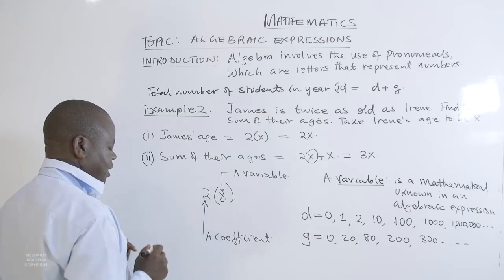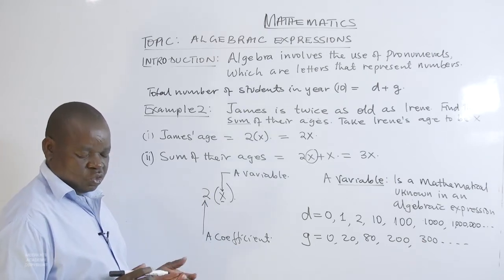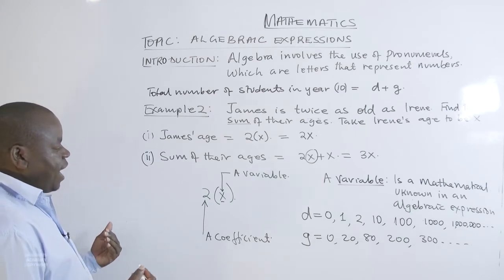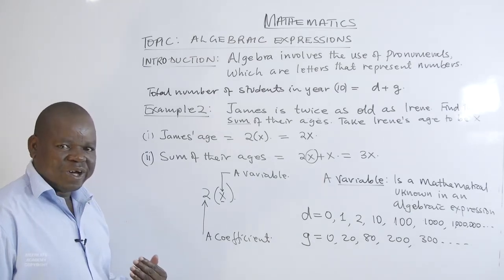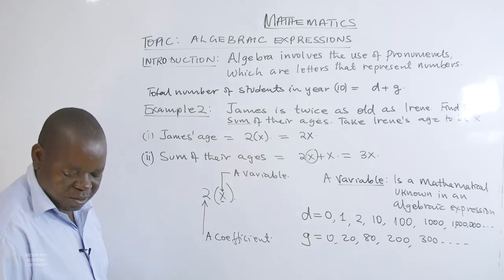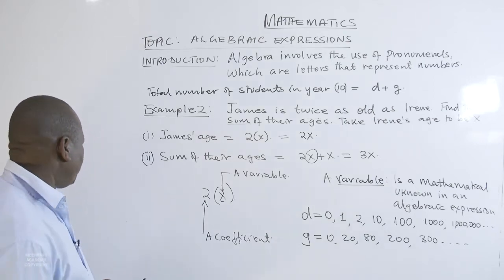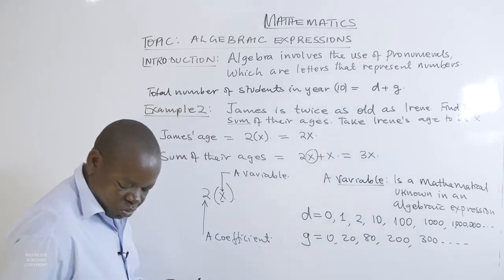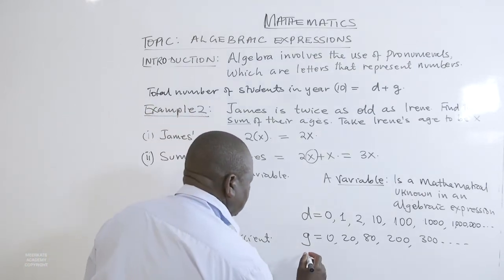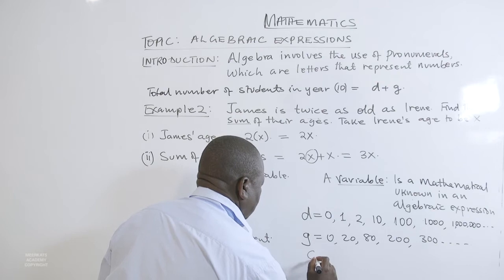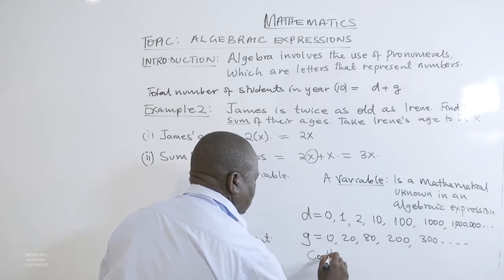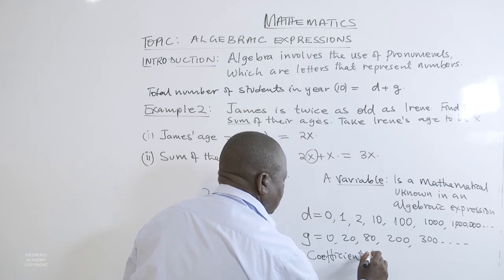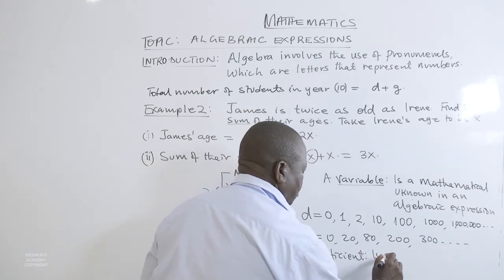This 2 here is a coefficient. So what is a coefficient? A coefficient is basically a numerical multiplier of a variable. That is called a coefficient.